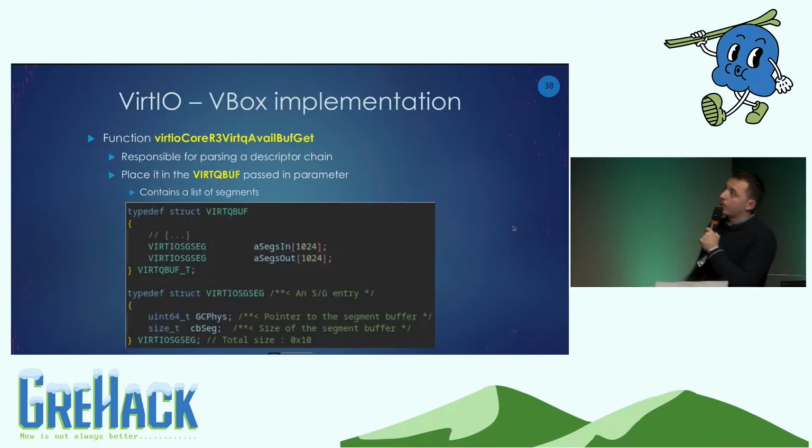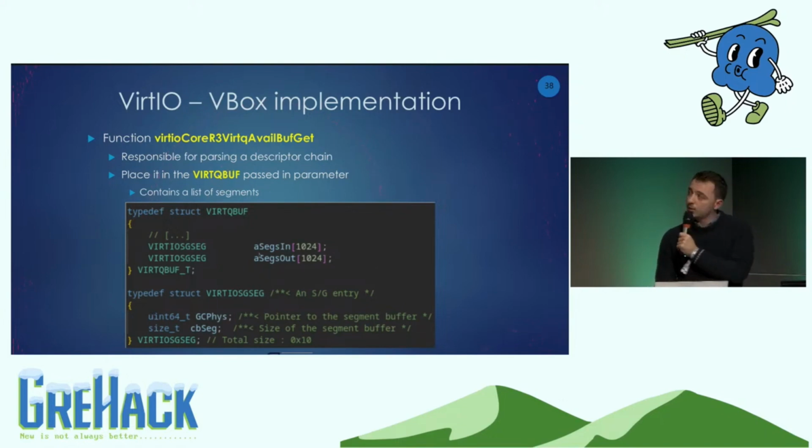So, of course, the hypervisor has to implement the parsing of this chain. This is what is done in this function. I will not say its name because it's complicated, but yeah. This function is responsible for parsing a descriptor chain, as I just showed. And it's supposed to put the result of this parsing in the virtio buffer object.